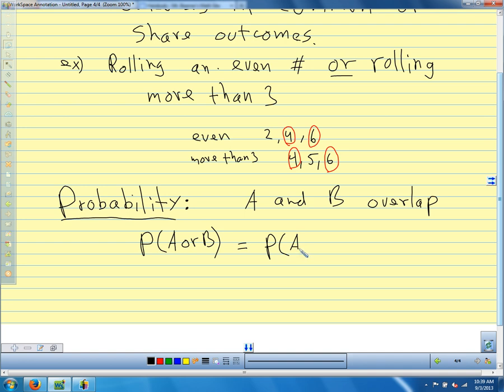Probability of A plus the probability of B. That gives us all of these, but we count the 4 and the 6 twice. So we have to subtract the probability of A and B, the part that we counted twice.